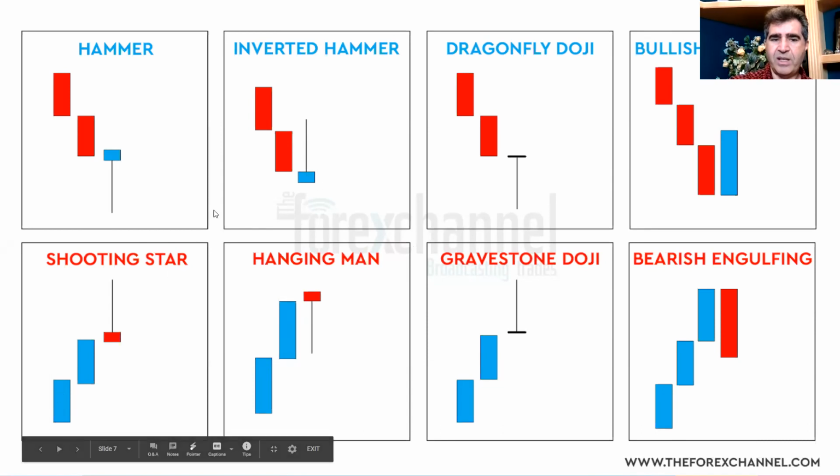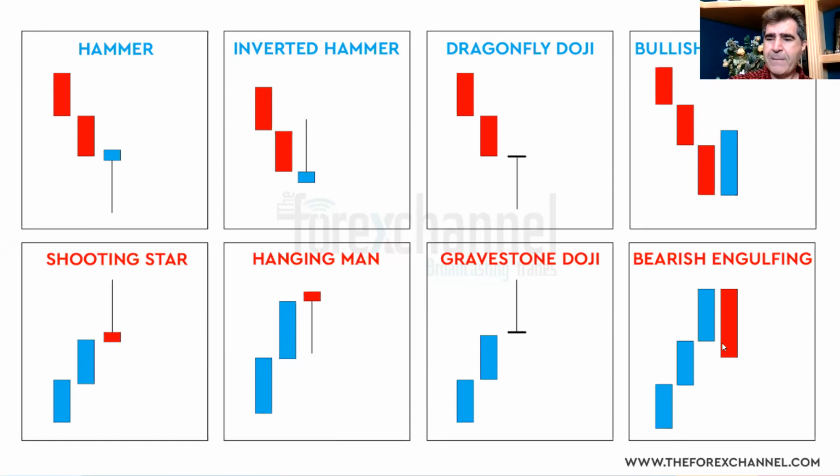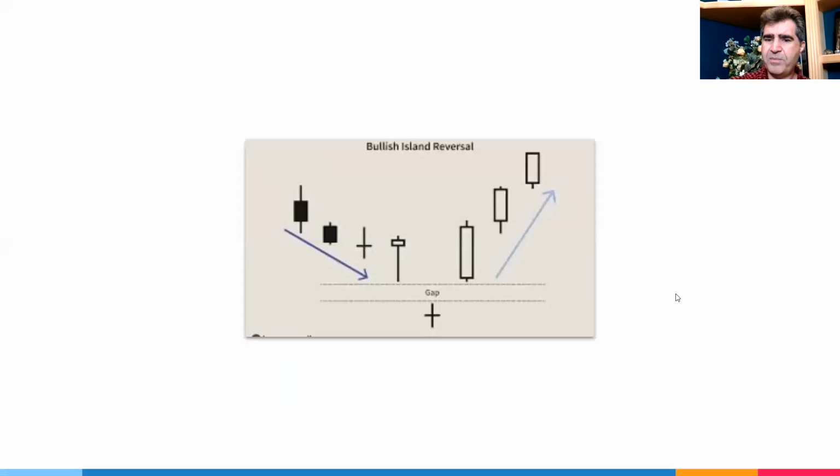It's an up movement, this is a down movement. And then the other one is the bullish engulfing. Engulfing means that the second bar is really engulfing the previous bar, with a bigger body, and that's what it's called. So this is something that I use.